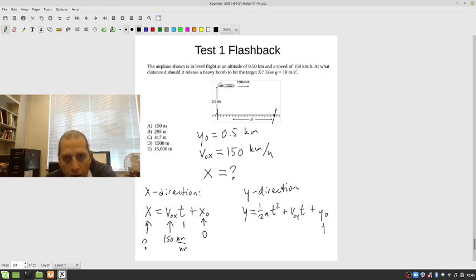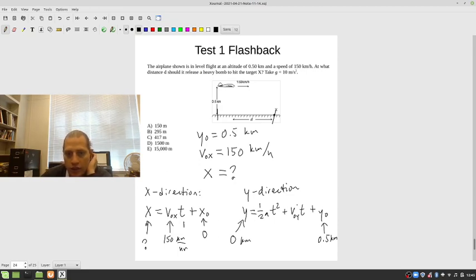Well, my y naught now is going to be 0.5 kilometers. My y at the end of the story is going to be 0 kilometers. And I want you to remember that you're going to have to change the units here so that this is in meters. So this would be 500 meters.